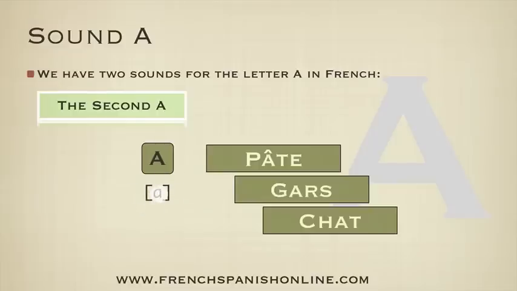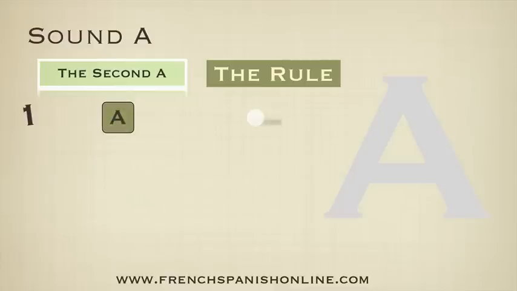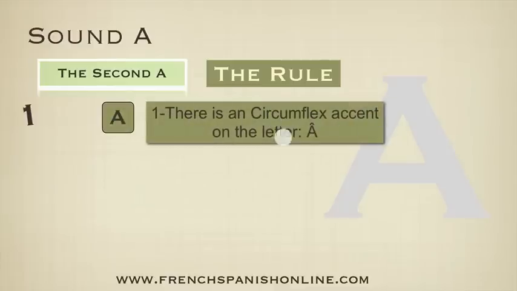So, is there a rule to explain this difference between these two A in French? We are going to see actually 3 rules to explain the pronunciation of this second A. Let's see the first one. There is a circumflex accent on the letter A. This way it's easy to know how to pronounce it.